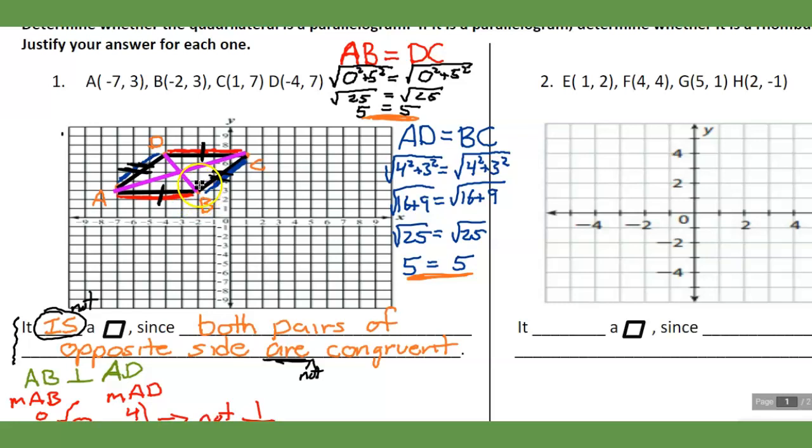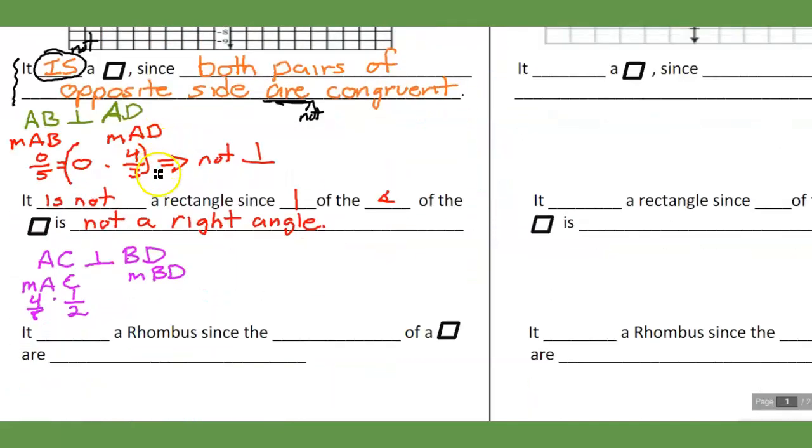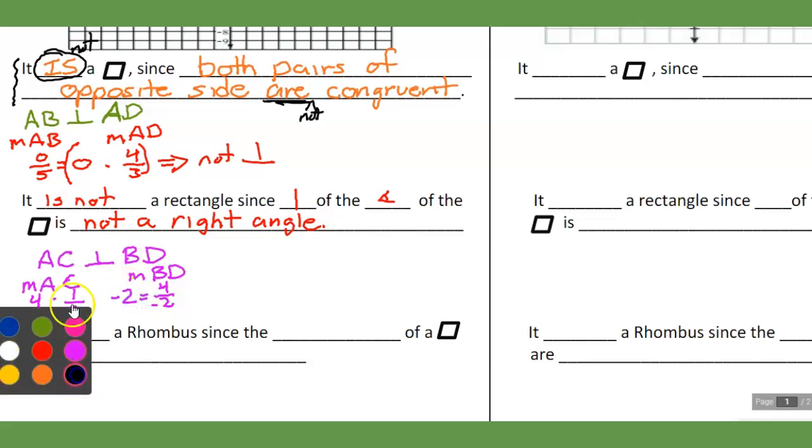Help me out. Up 1, 2, 3, 4. To the right, 1, 2. So we had 4 over -2, which equals -2. Okay. So are these two perpendicular? 1/2 and -2?